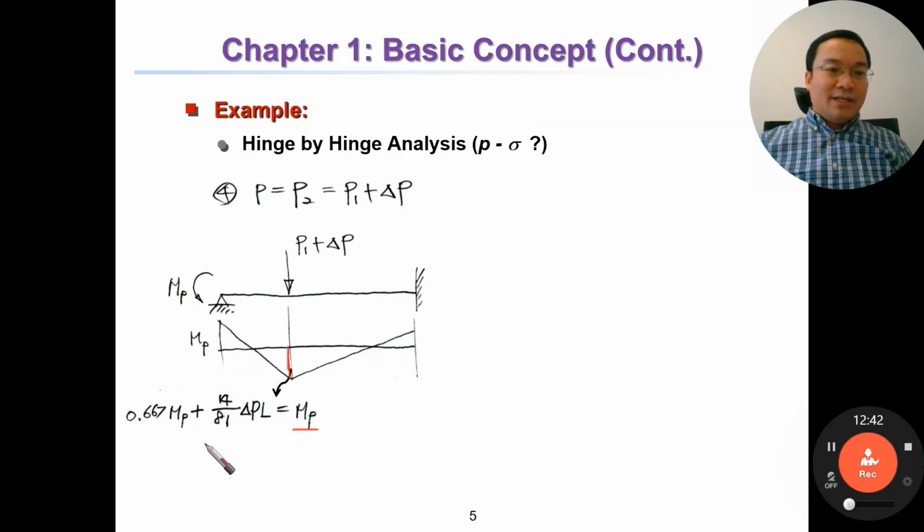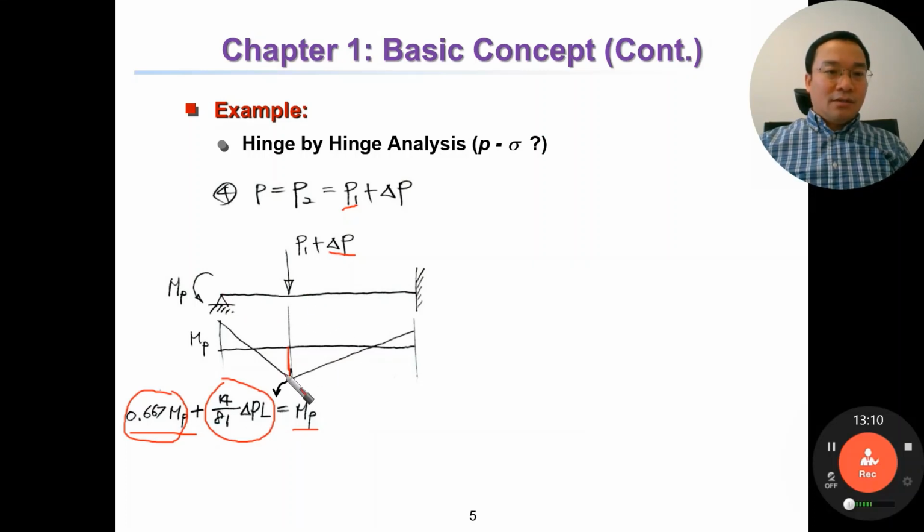This is equal to this part. This part is due to P1 of the original structure, and this part is due to ΔP of the first hinge structure.